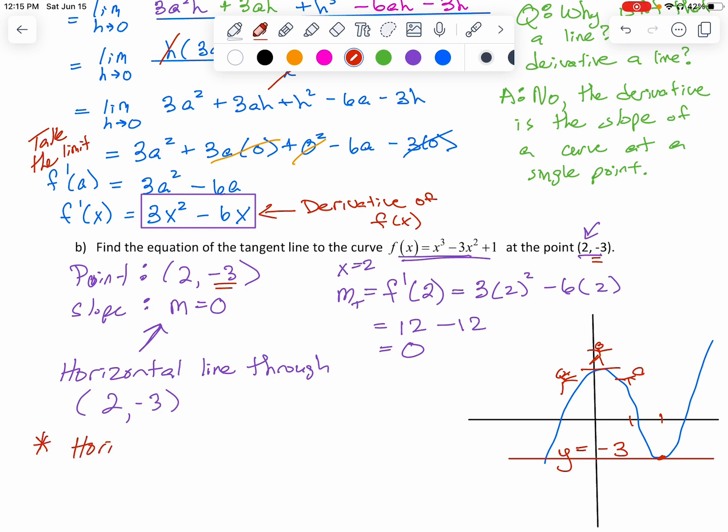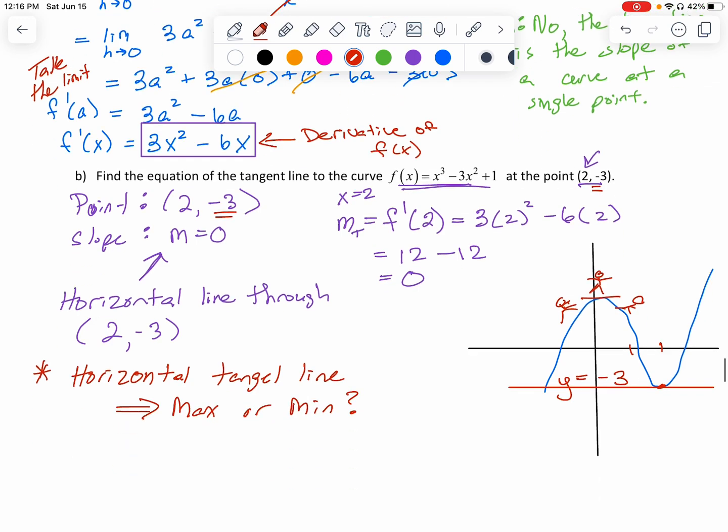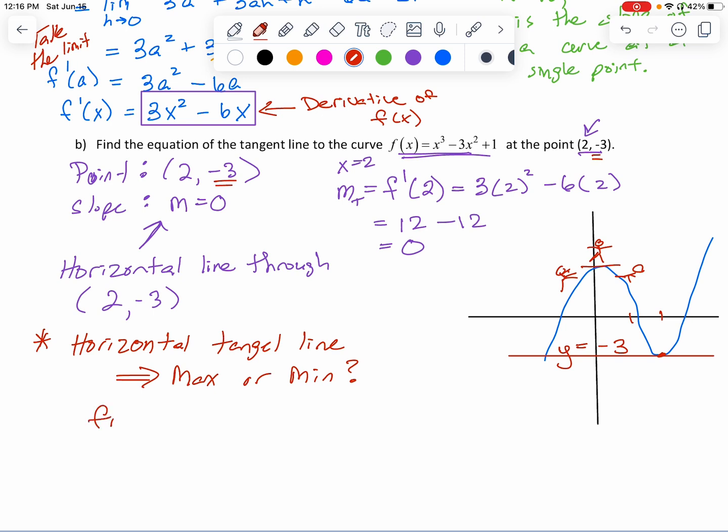A horizontal tangent implies that this must be a maximum or a minimum. And from the graph, I can see it's a minimum.